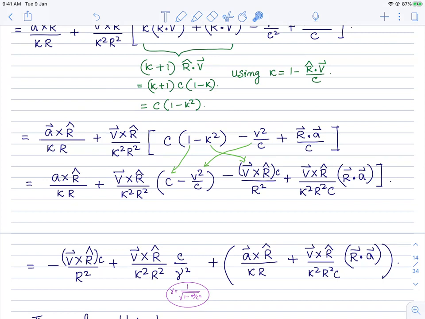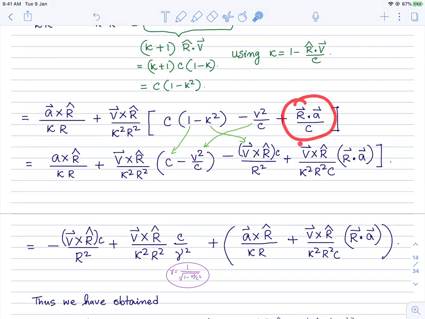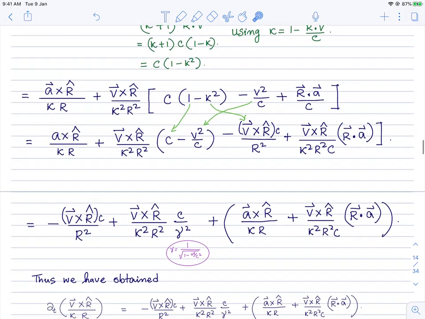And then rearrange the terms again. This c I can write here. This v square by c I can write here. The signs, you have to be careful. And this term goes here, and this kappa square factor cancels with the denominator here. And then this r dot a term, this acceleration term, remains here. So that's all there is.